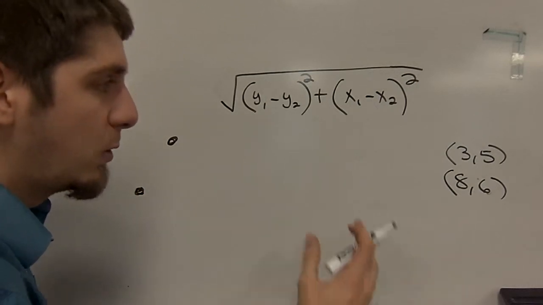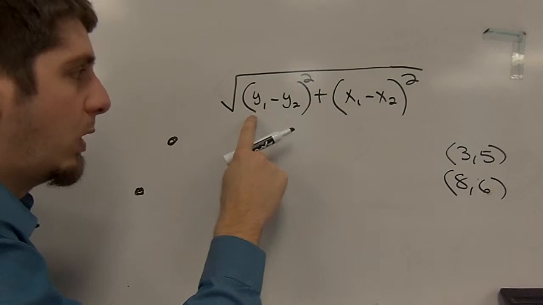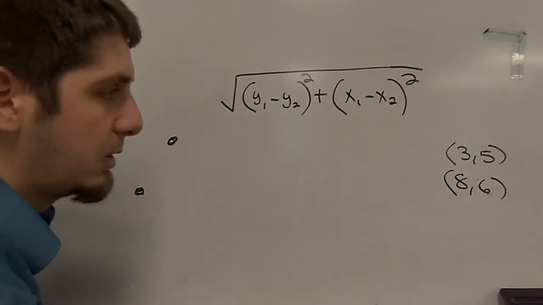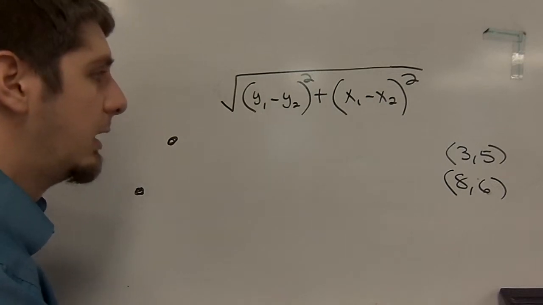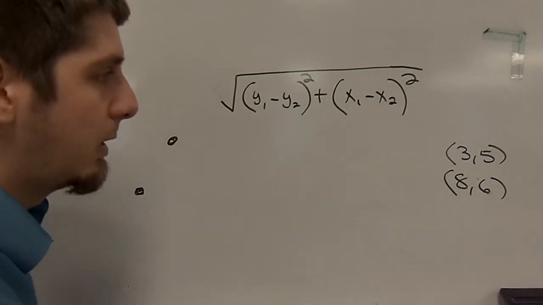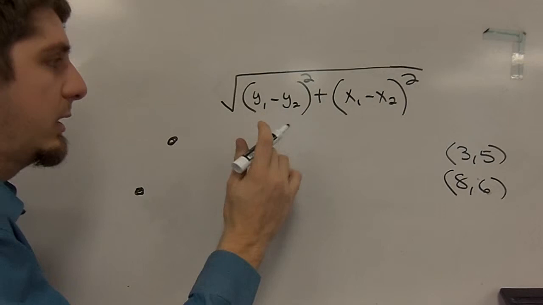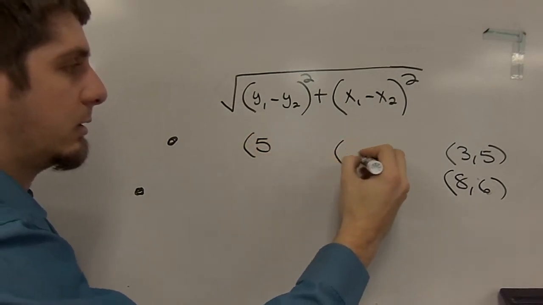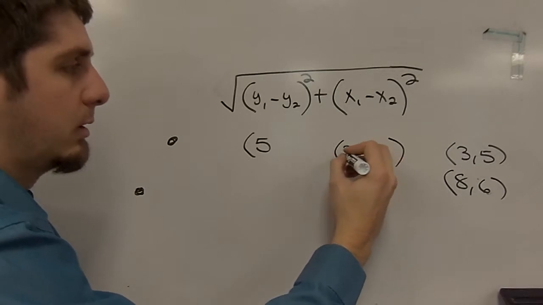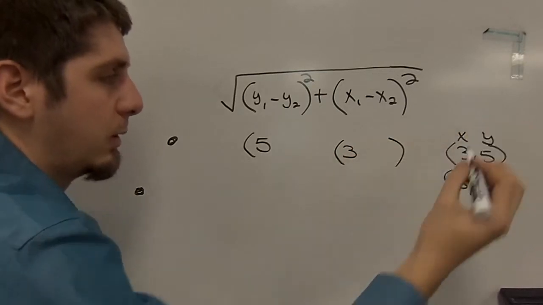I'm going to pick one ordered pair to represent my 1s and one ordered pair to represent my 2s. It doesn't matter which one you choose. So I'll just choose the top one to be my 1. In place of my 1s, my y1 is going to be a 5, and x1 is going to be a 3, because here's my x coordinates, here's my y coordinates.